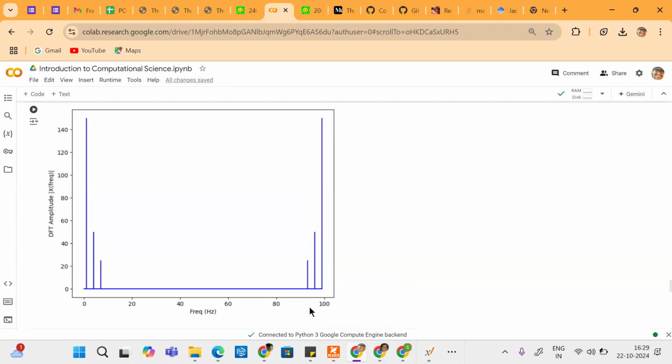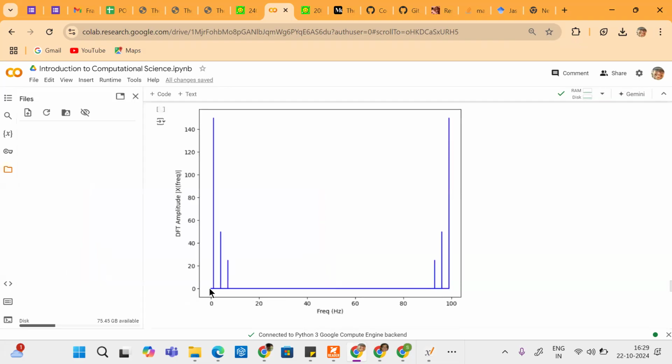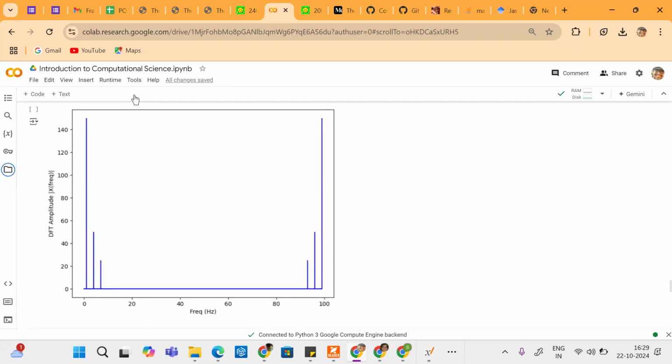Think of this as a paper I printed out. At frequency 50, I just fold it up. Exactly, they merge. So this is completely symmetric.